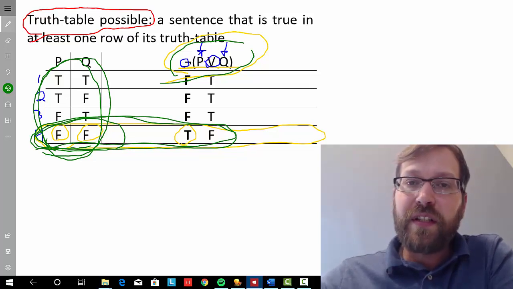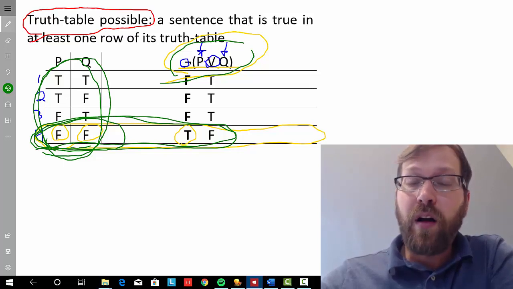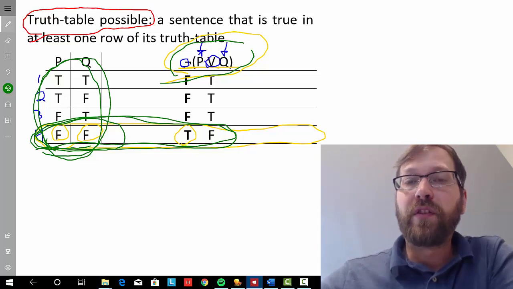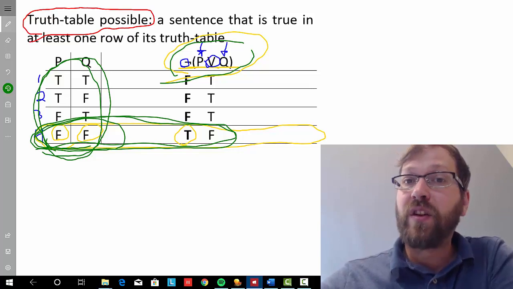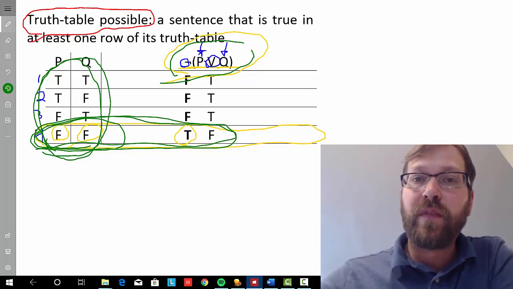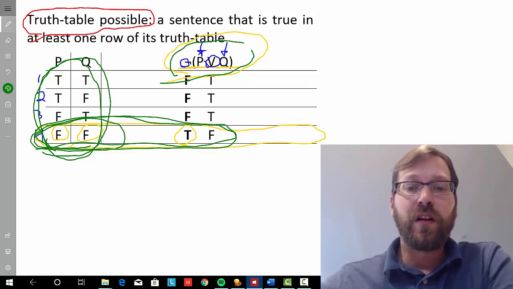All right, so notice then that all tautologies are truth table possible, because all tautologies will have at least one of its rows be T for the sentence in question, because the whole column of the truth conditions for a tautology are true. So tautologies are always truth table possible.